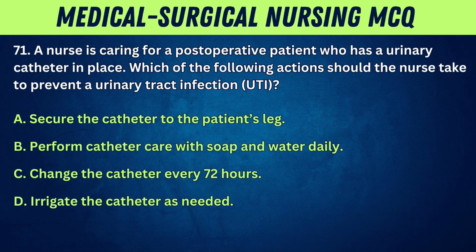71. A nurse is caring for a postoperative patient who has a urinary catheter in place. Which of the following actions should the nurse take to prevent a urinary tract infection (UTI)? A. Secure the catheter to the patient's leg. B. Perform catheter care with soap and water daily. C. Change the catheter every 72 hours. D. Irrigate the catheter as needed.